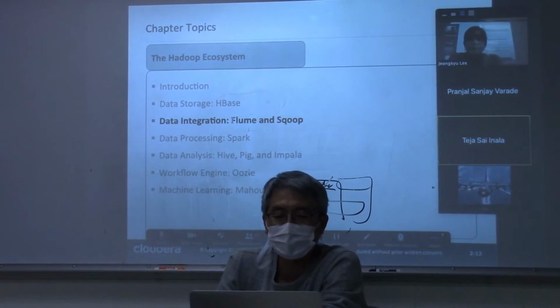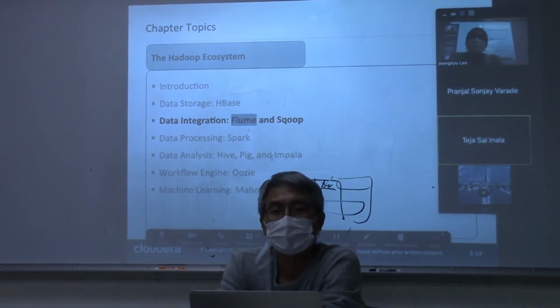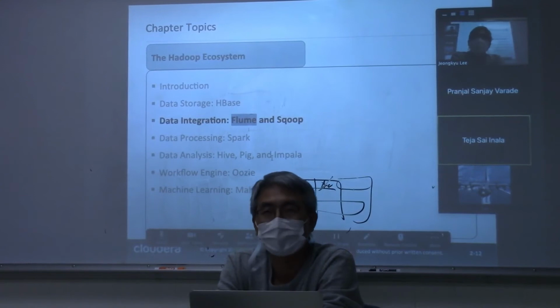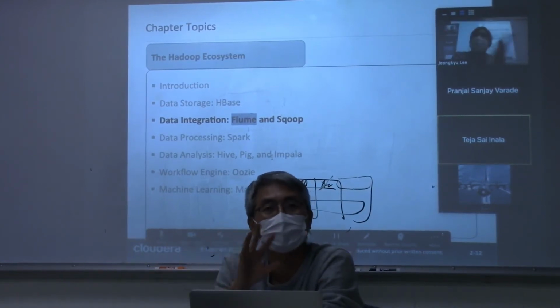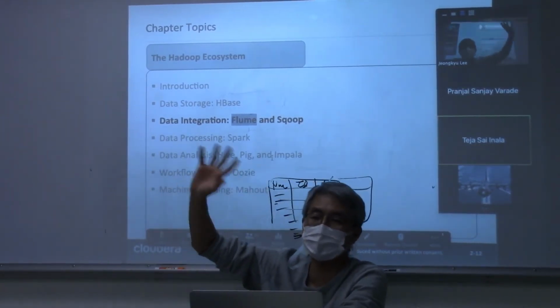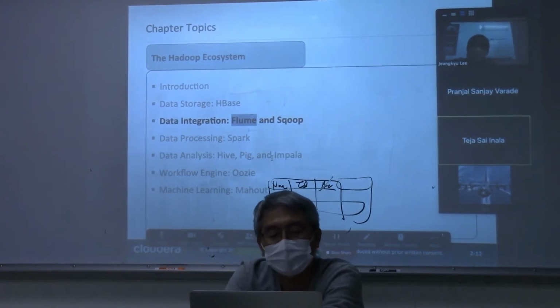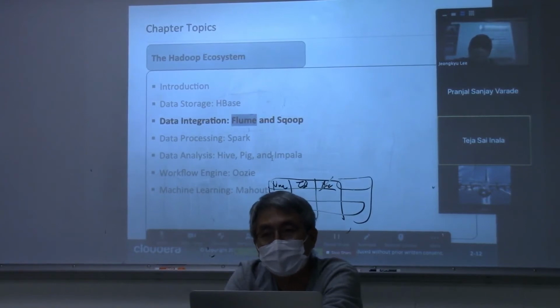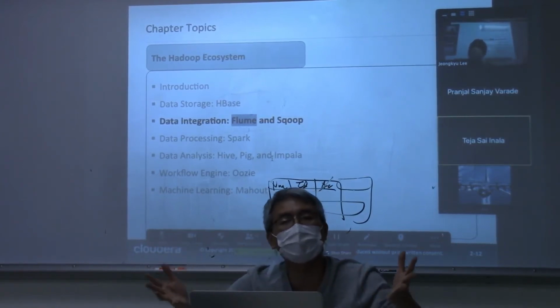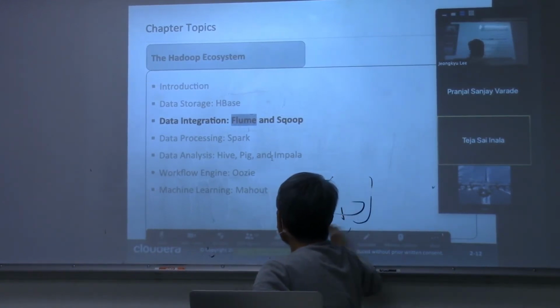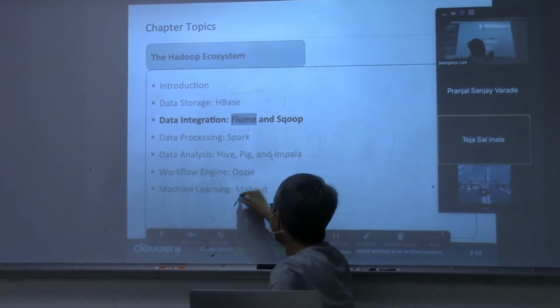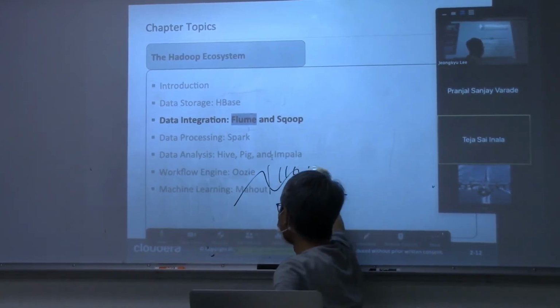If you see the name of Flume, if you go to Vermont, or what is the main... what else? New Hampshire. If you go to such a northeast upstate part, sometimes there is a place like a flume. So a flume is from a long time ago. There is a mountain and the trees are there.